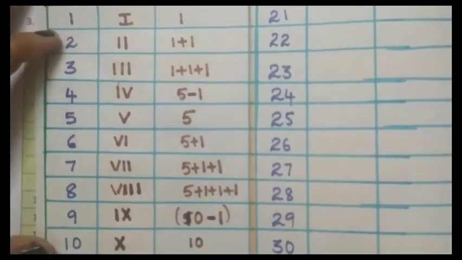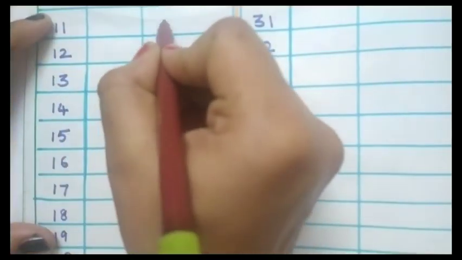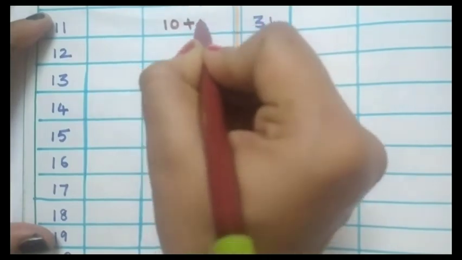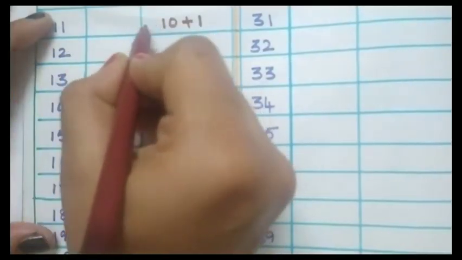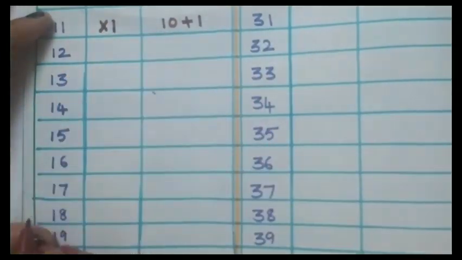Now look at 11 to 20. 11 means 10 plus 1, so 10 is written as X and 1 is written as I: XI.